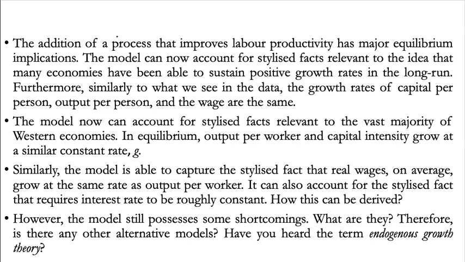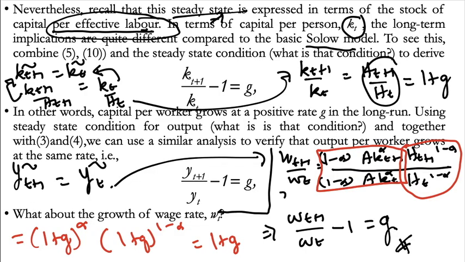So now in the model, the addition of a process that improves labor productivity has major equilibrium effects. We can see that the model can account for stylized facts relevant to the idea that many economies have been able to sustain positive growth rates in the long run. As you can see, the growth rate in the long run is g, as we saw in the finding here.